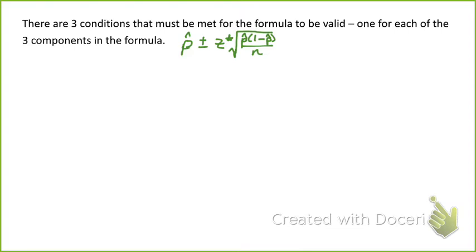All right, so the first part that we're going to talk about is the p hat. This is the first part of the formula. This is our first condition. Condition number 1 is the random condition.